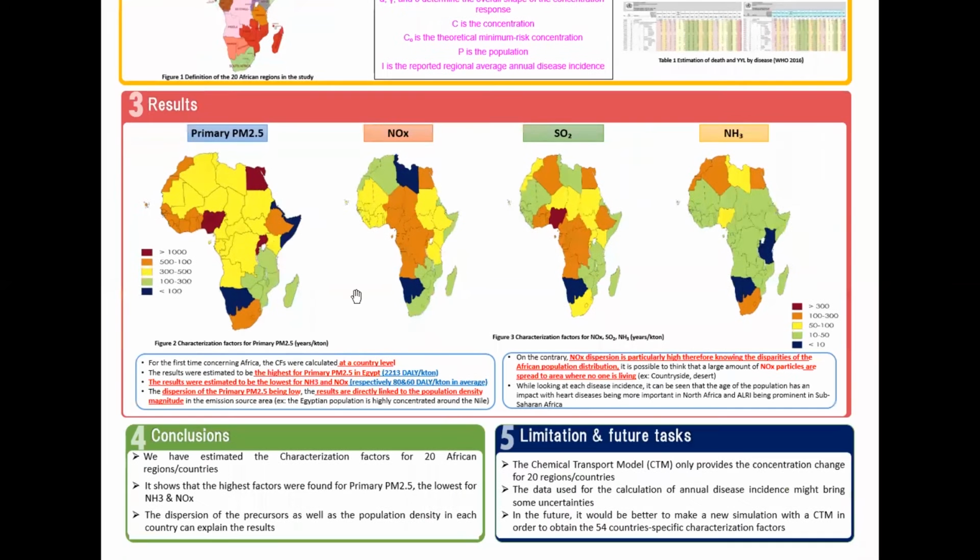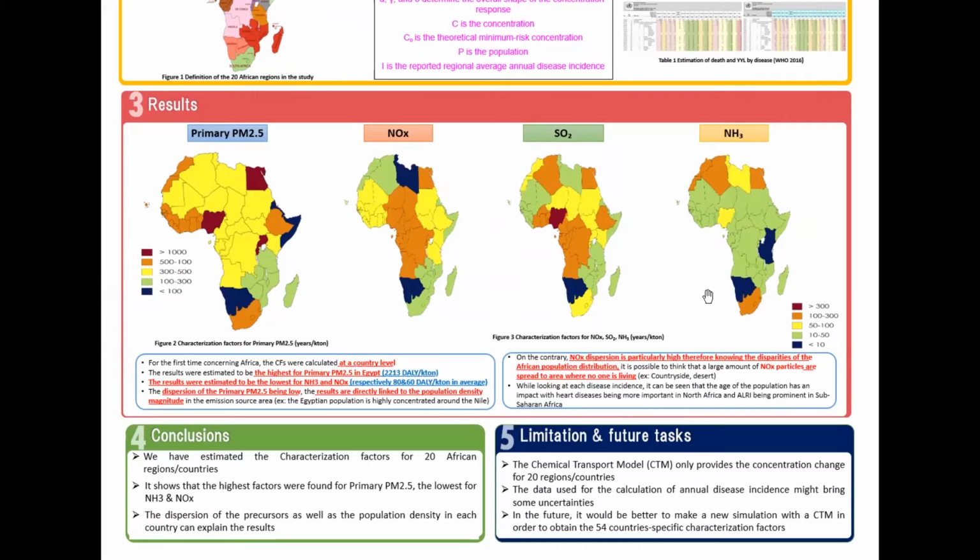So these are the results. The highest damage factor are obtained especially for Nigeria and Egypt. The lowest results are obtained for the southern part of Africa and the eastern part of Africa. For NOx, SO2, and NH3, we also estimated the damage factor between basically 10 to 300 DALY per kiloton.